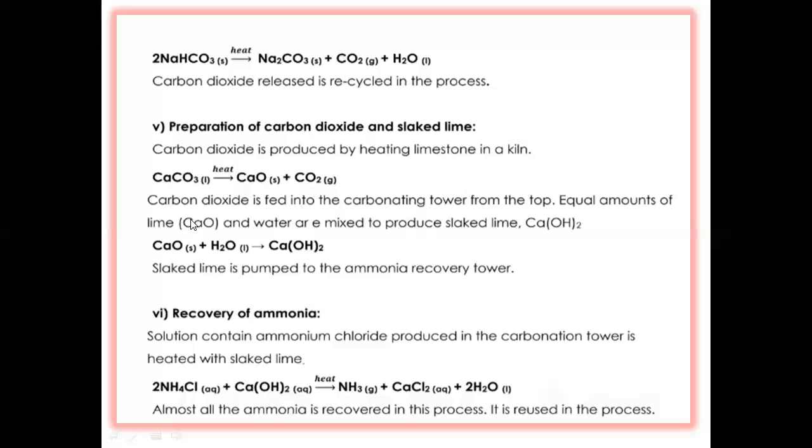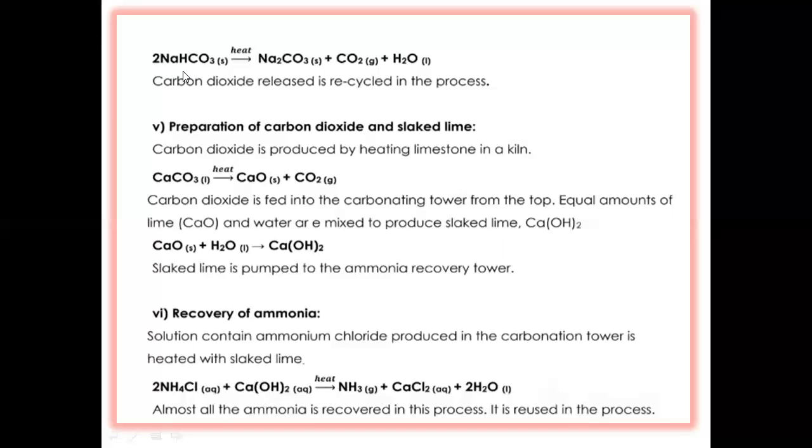An equal amount of lime, that is calcium oxide, and water are mixed to produce slag lime, calcium hydroxide. And slag lime is actually required for the ammonia recovery. As carbon dioxide is recovered, ammonia can also be recovered by the reaction of slag lime and ammonium chloride, which is formed in the step where sodium hydrogen carbonate was formed.